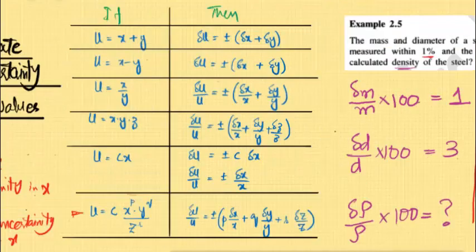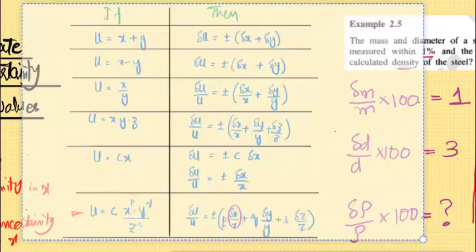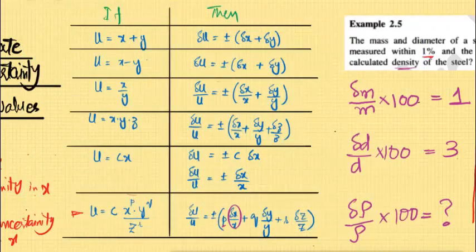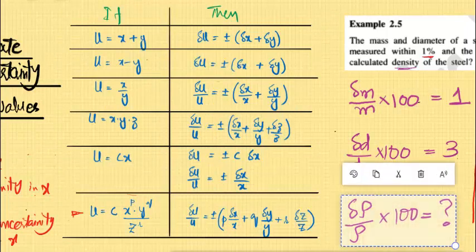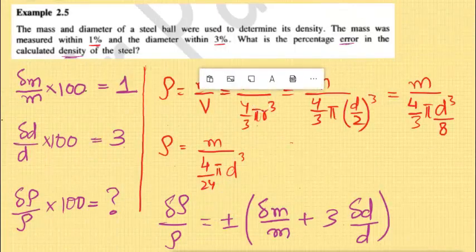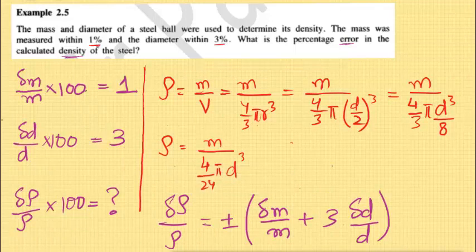You see here, x had a power p, so p is getting multiplied with the fractional error of x. y has the power q, so q is getting multiplied with the fractional error of y. So whatever is the power, it will get multiplied, and if there is no power, it means that you have power 1. So I will multiply it with 1, so I need not write 1 here. If you see, the power of mass is 1, so I need not multiply by 1 here, because obviously this is needless.